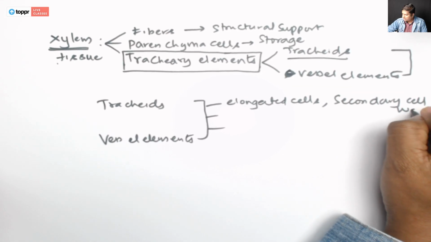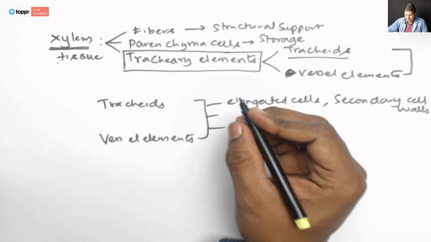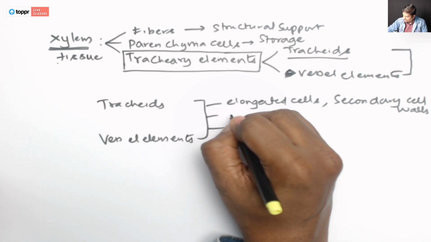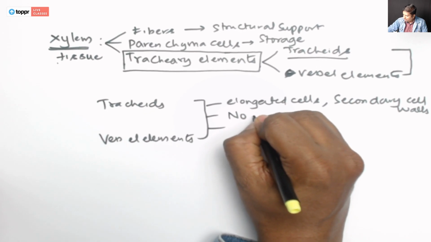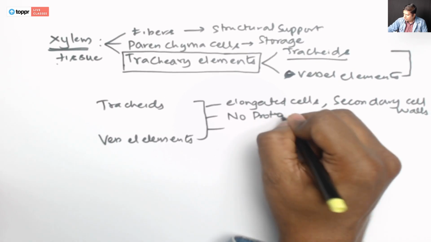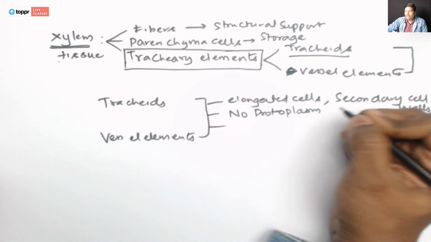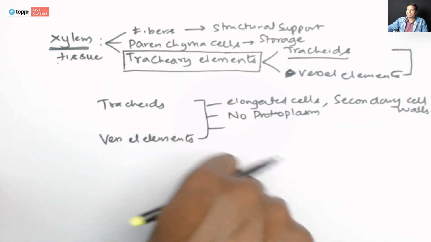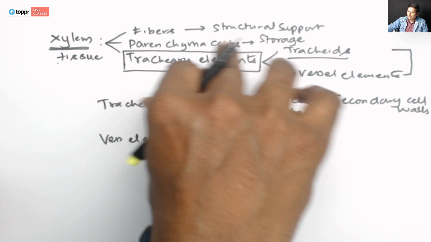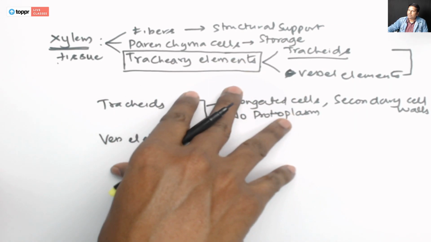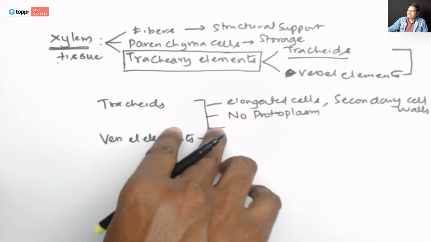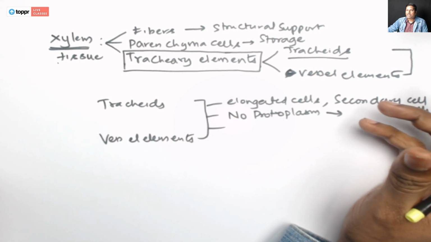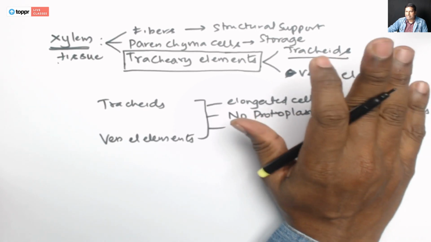And the most prominent feature of xylem tissue is they don't have any protoplasm. Protoplasm is nothing but the contents present inside the plasma membrane. All the contents inside the plasma membrane together we call protoplasm, and these cells lack protoplasm. So the basic components, cytoplasm or the nucleus, nothing is there.